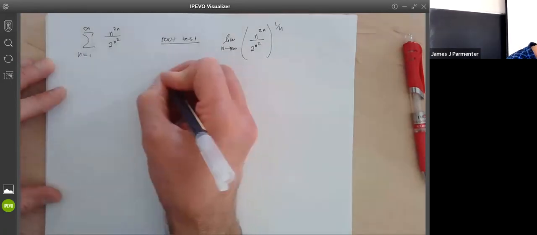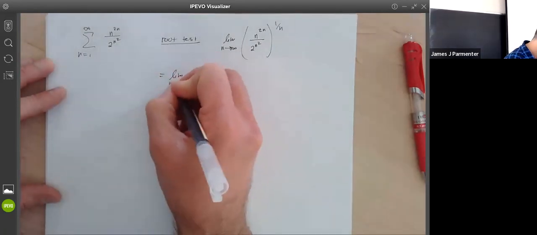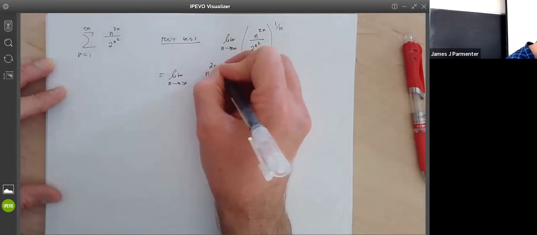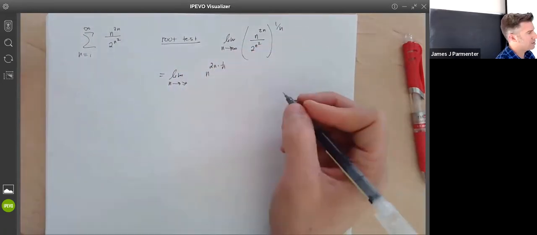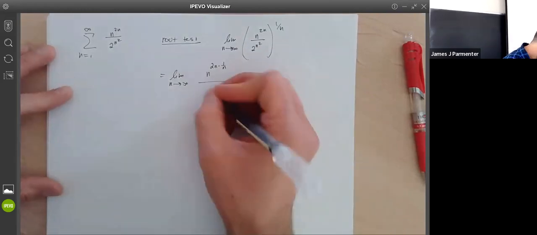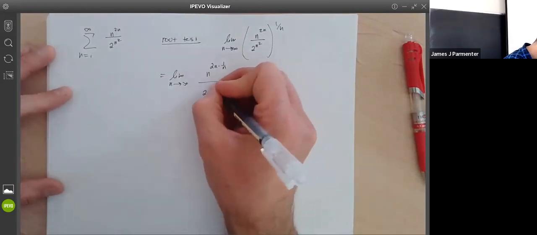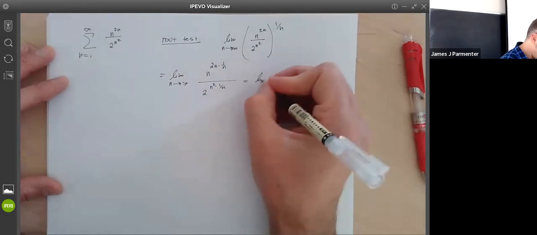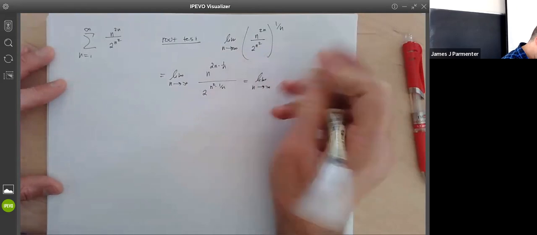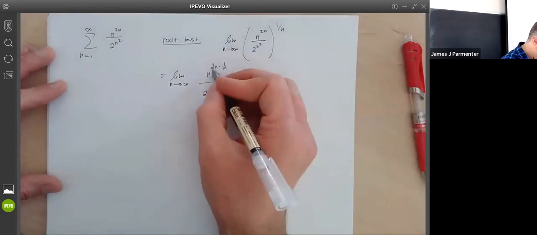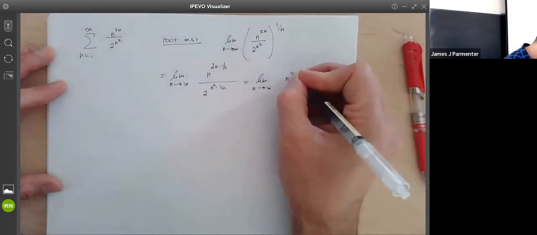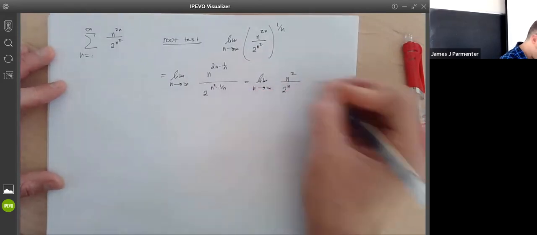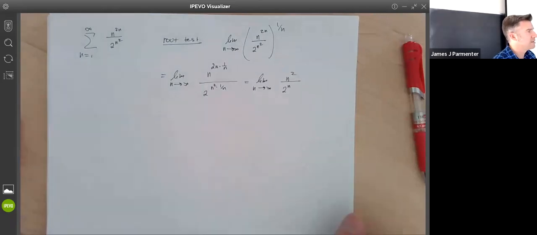So we're going to get the limit as n goes to infinity of n to the 2n times 1 over n, over 2 to the n squared times 1 over n. And then doing the simplification we probably should have done already, n to the 2n times 1 over n is just n squared, and 2 to the n squared times 1 over n is just 2 to the n. Ooh, what's the limit of that?